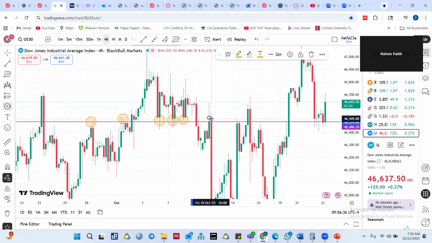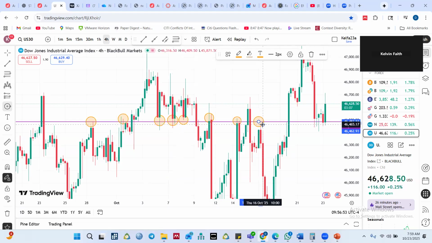I can see that there is an impulsive sell move that took off from here. I can see price bought to this place and reacted down. I can see price broke above it, came below, retested here, and then sold.